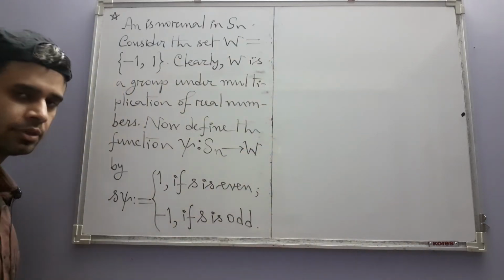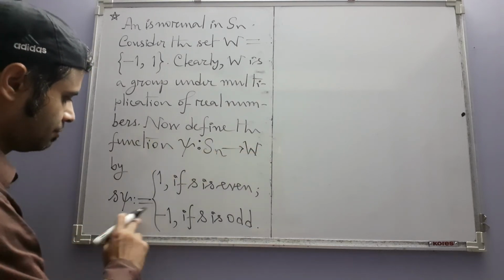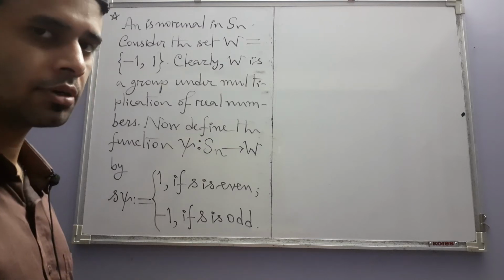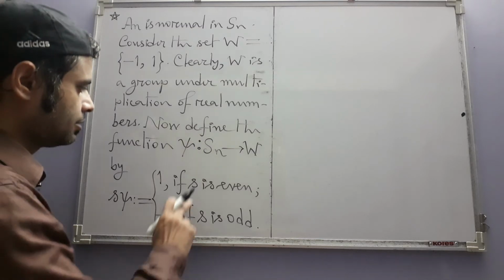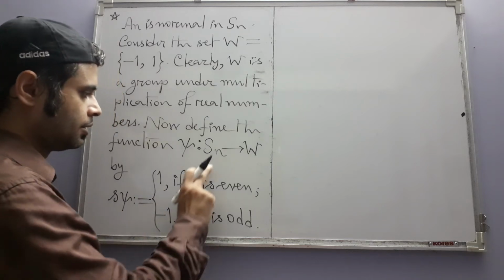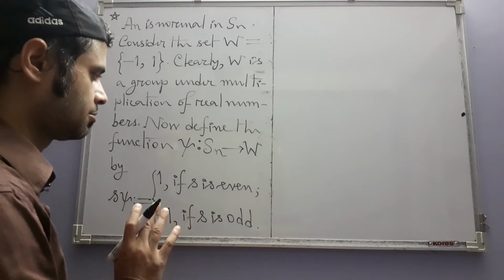Okay, so we have defined a function from one group to another group. Once we define any such function, you already know by now that it has to be first of all shown to be well defined. Now that requires two things.